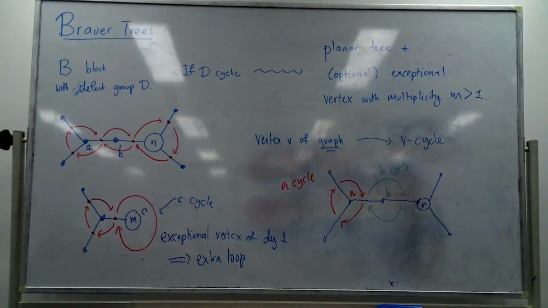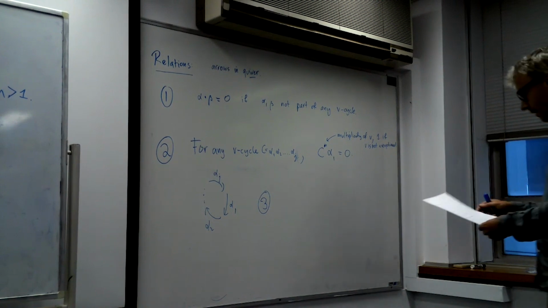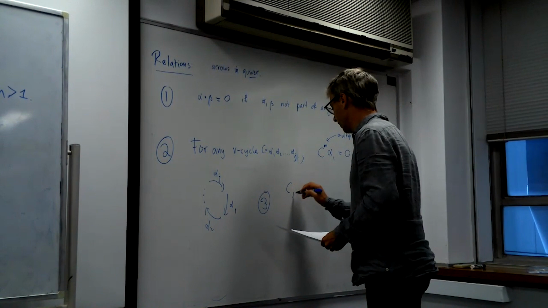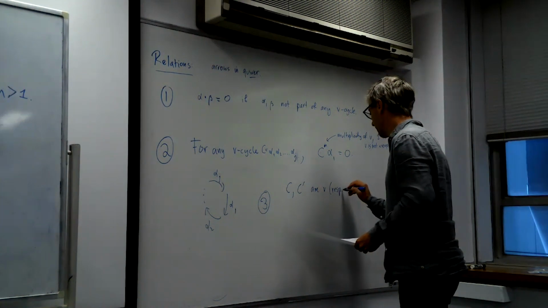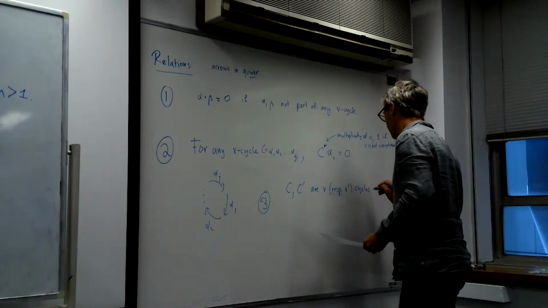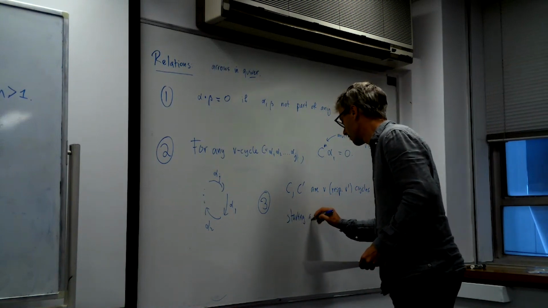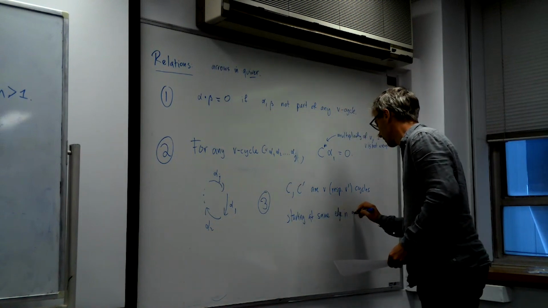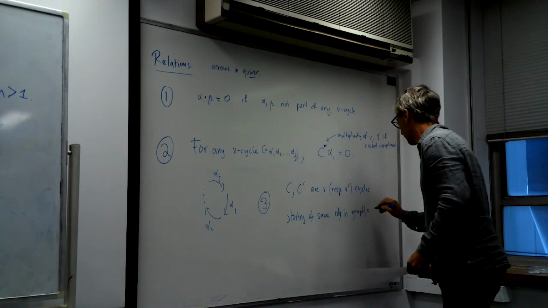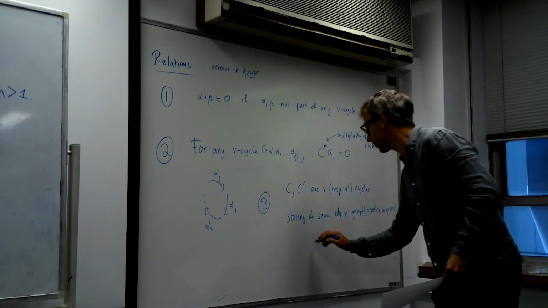And lastly, if C and C prime are V respectively V prime cycles starting at the same vertex of the quiver, then you have C equals C prime.